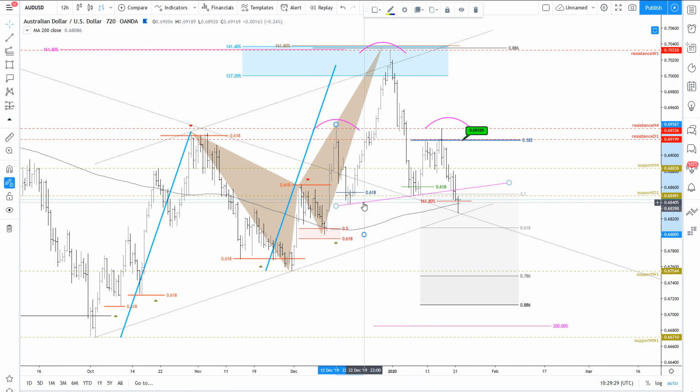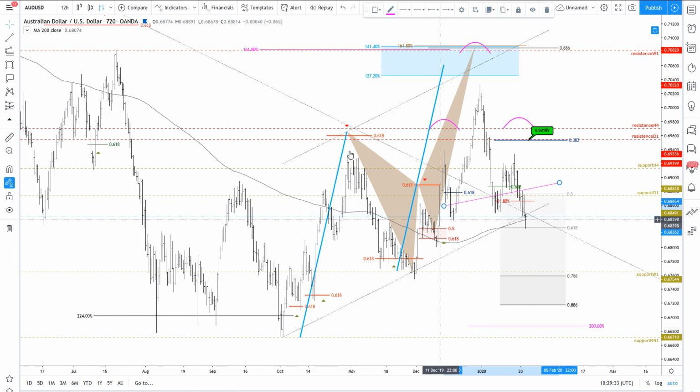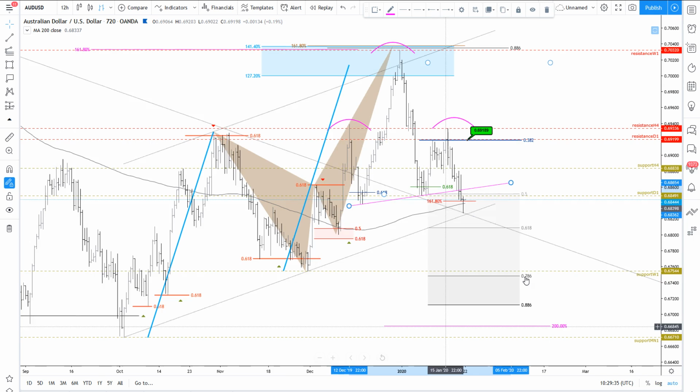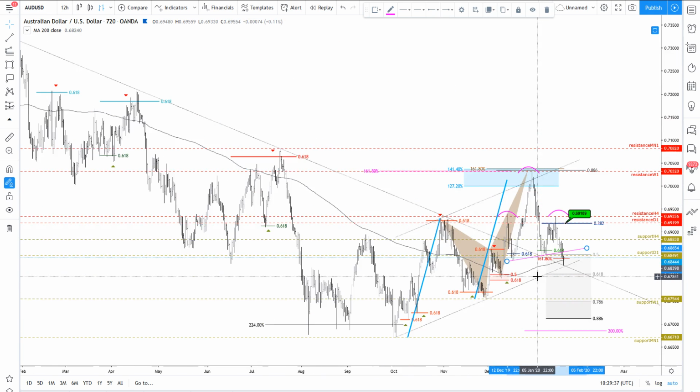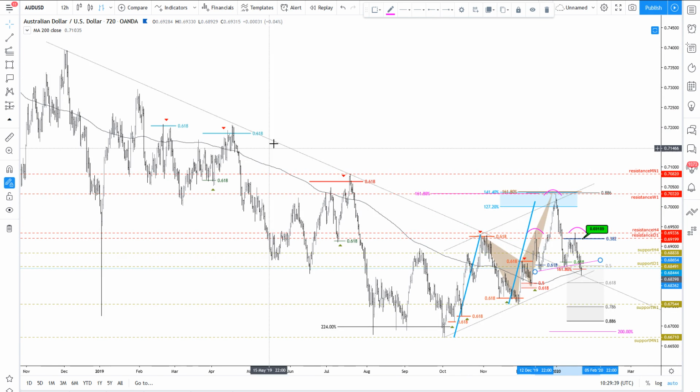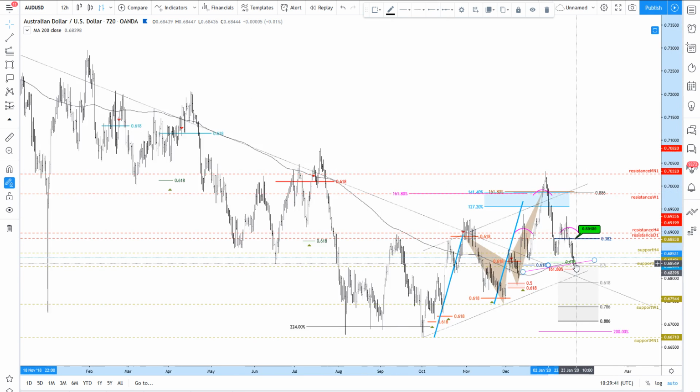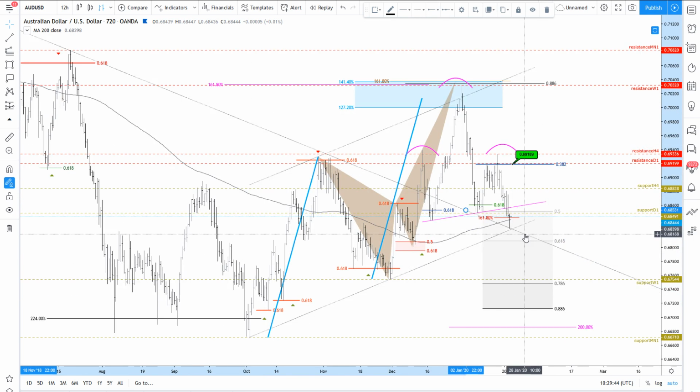So if this is a head and shoulders, we are trading below the next zone, but we are also retesting multiple trend lines. One of them, this major descending trend line as resistance, is now a support, the market nailing that trend line.